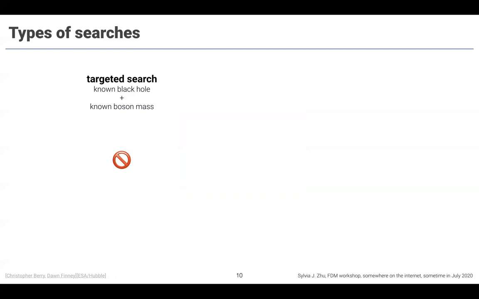This, of course, is one of the big questions, because there's a wide range of masses that these axions, for instance, or just bosons in general, could exist in. So instead, if you have a known black hole and you want to test an unknown or a wide range of bosons, then you could run a directed search.